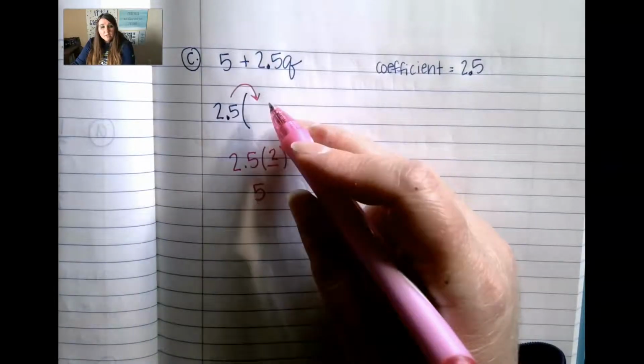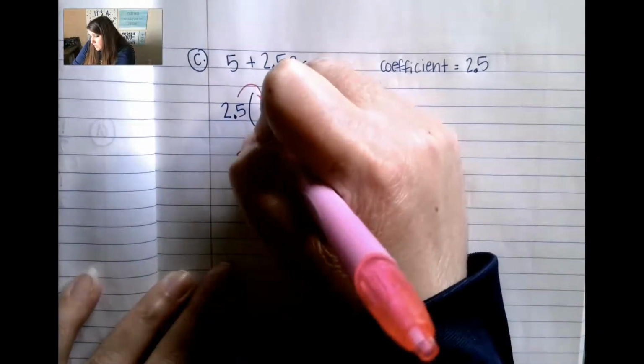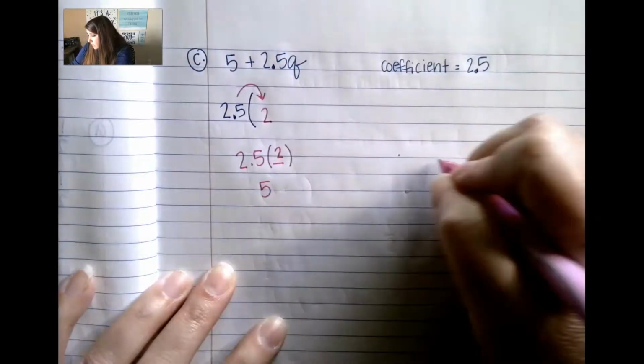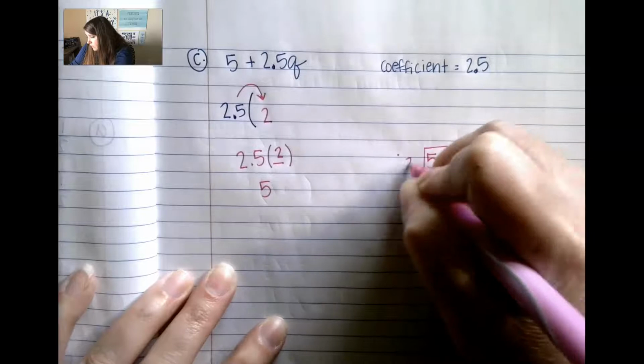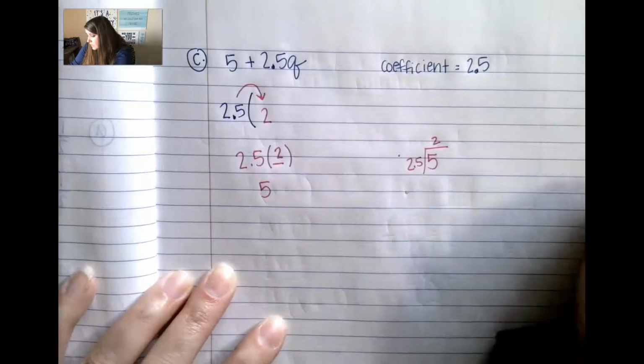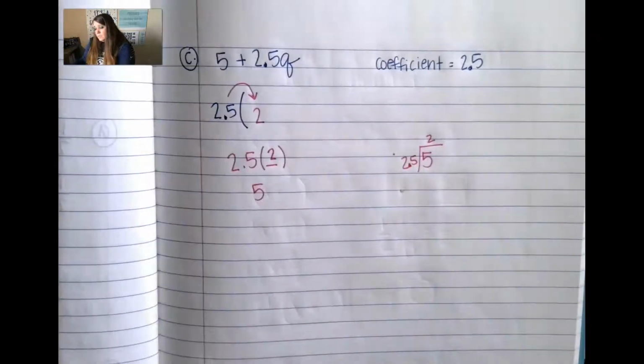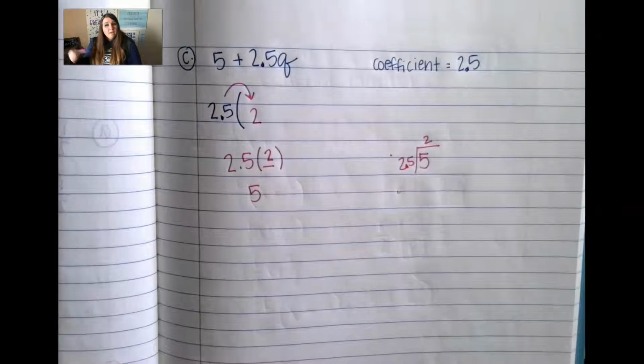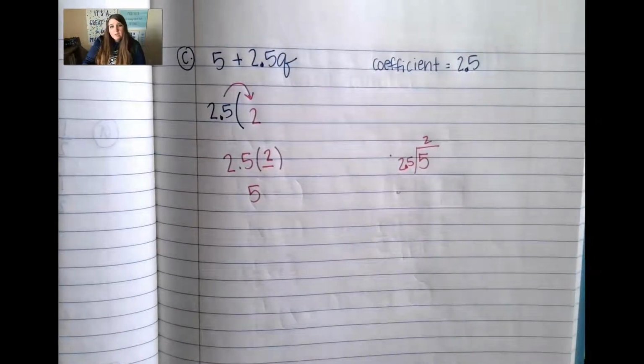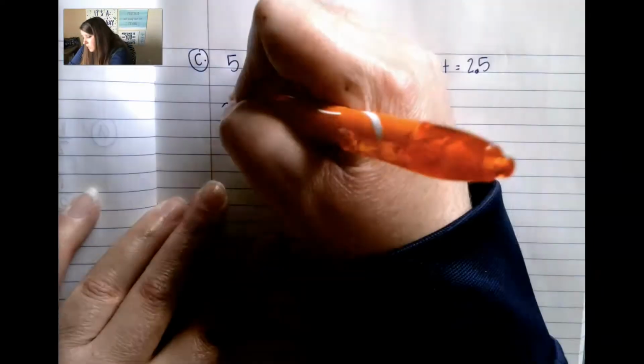But we also have a q. So 2, we could also think of that one as 5 divided by 2.5, and that gives us 2. So 2.5 times 2 plus 2.5 gives us 5. But we also have this q that we need to worry about.